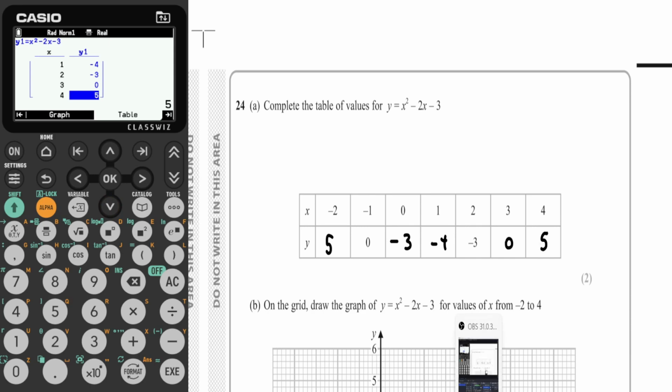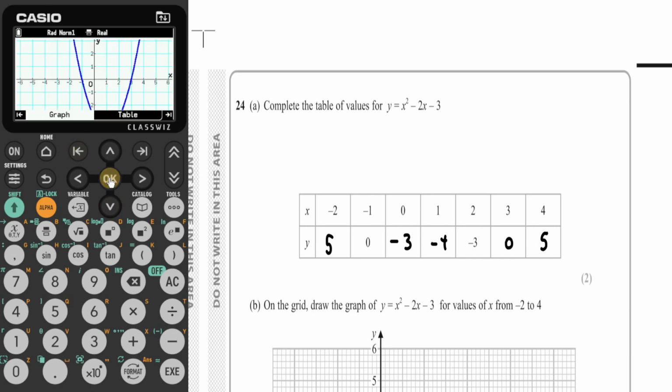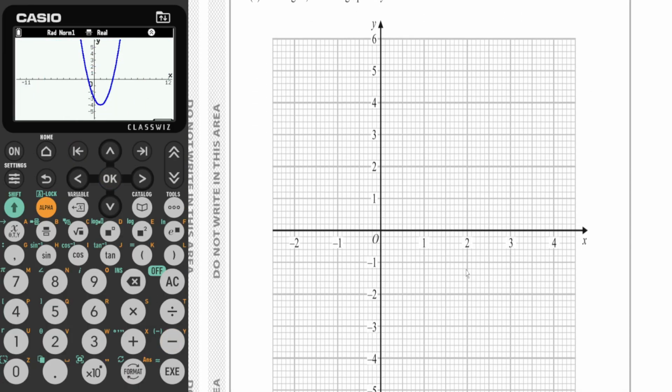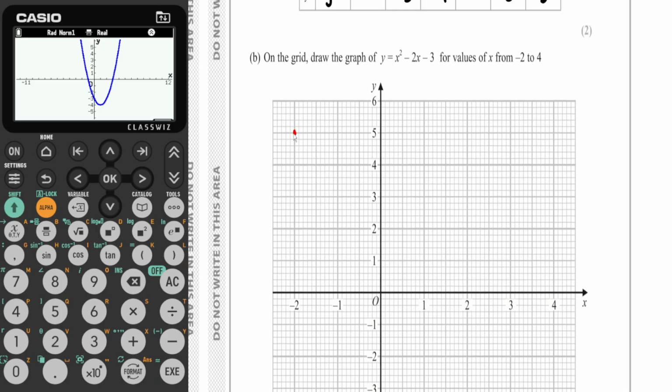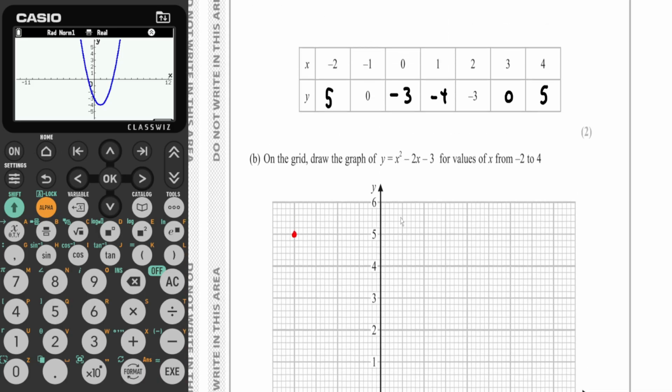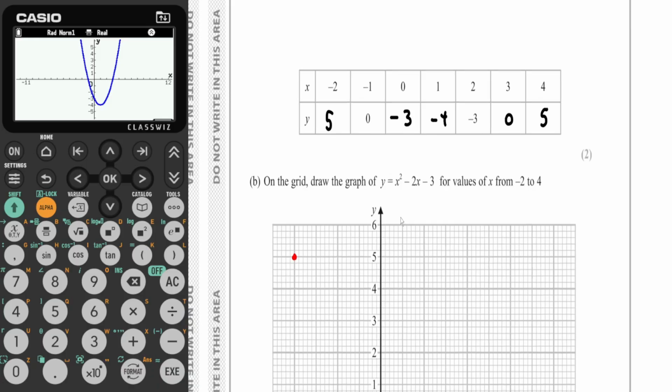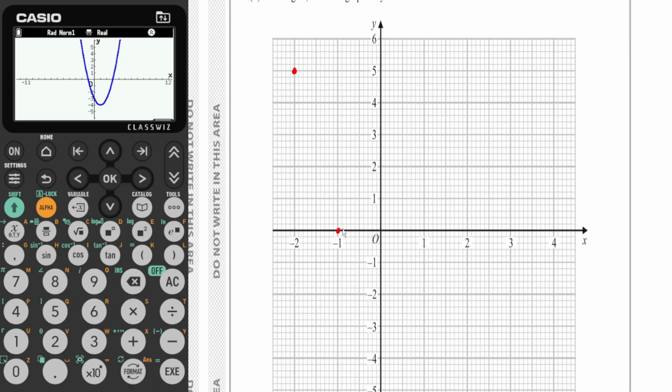And now for part B, we have to draw this graph. So if I draw the graph, it should look something like this. So let's draw that on this grid. We begin by plotting the points. So we've got -2, 5, that's here. Then we've got -1, 0.